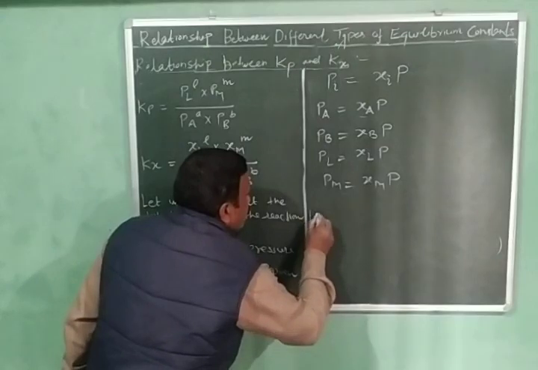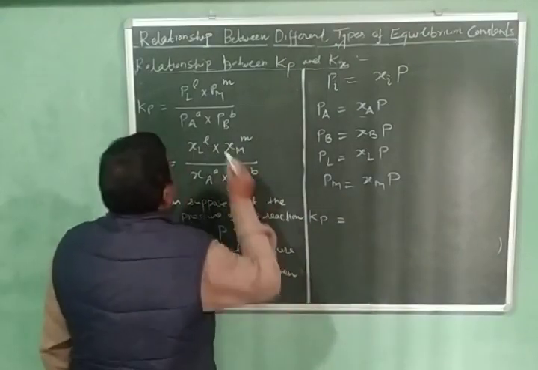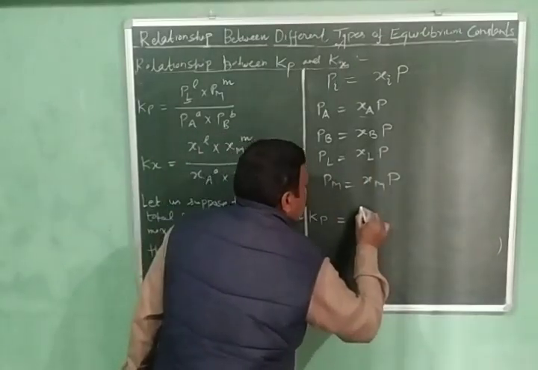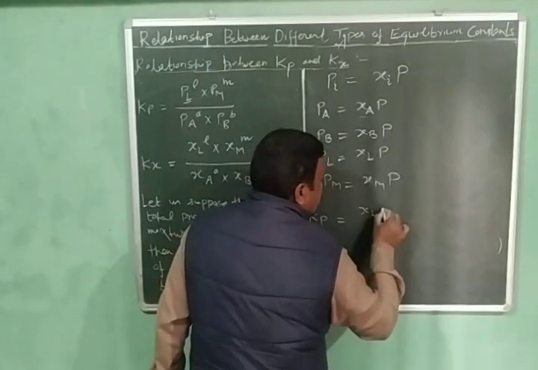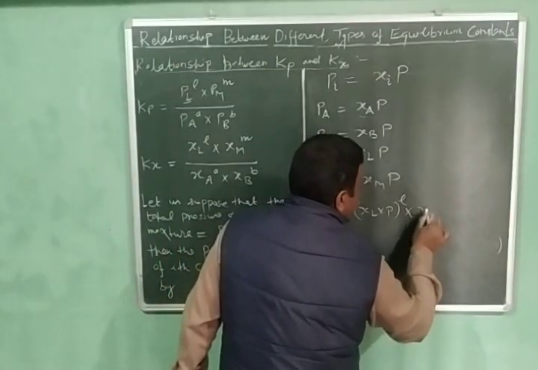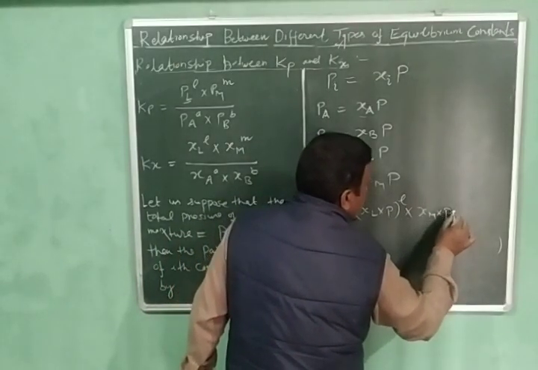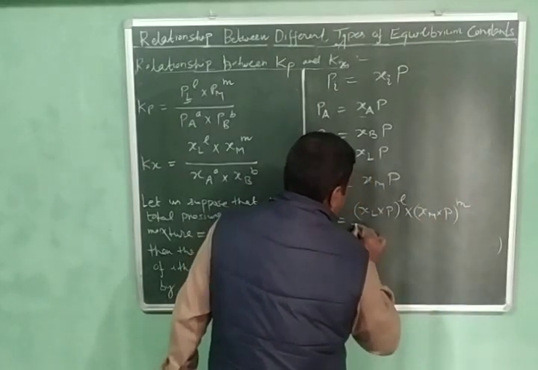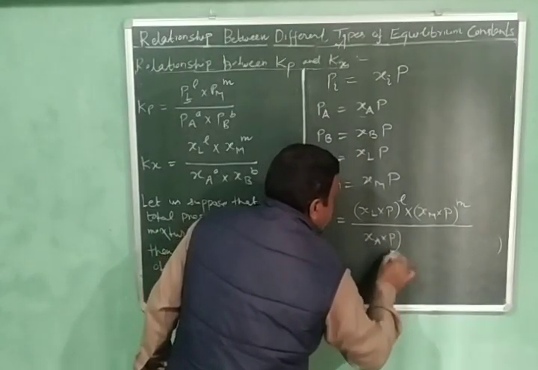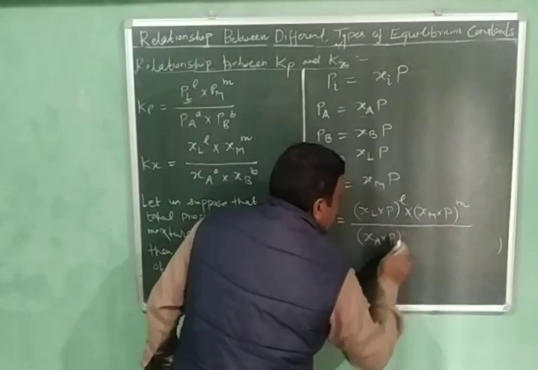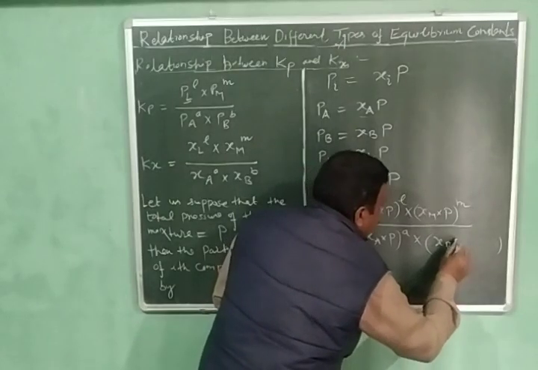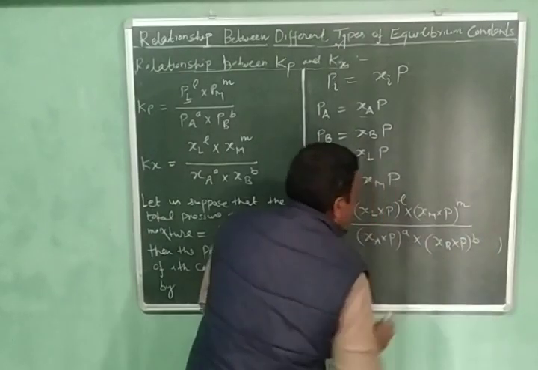Then we will have Kp is equal to, so here in place of PL I will write XL into P, that is XL into P raised to power L into XM into P raised to power small m divided by XA into P raised to power small a into XB into P raised to power small b.